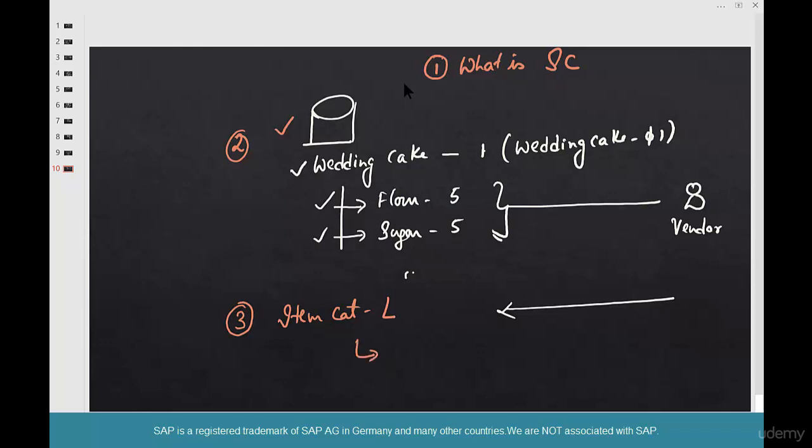At the line item level, put the components in. This is a manual way of putting components. If you know that this wedding cake is going to contain flour, sugar, and so on, you could create it as a BOM. Go to CS01, create a BOM, and SAP would not ask you to put the components. It will very well go pull it from the BOM.